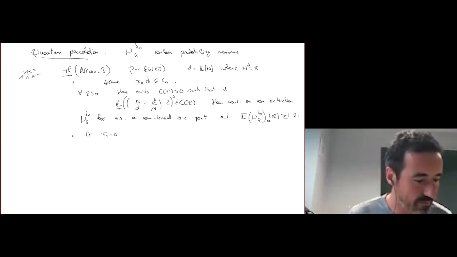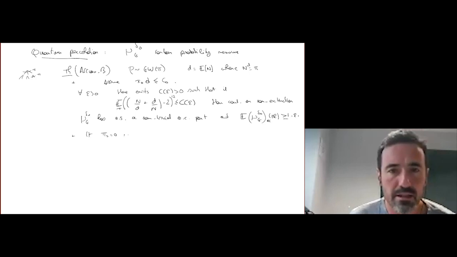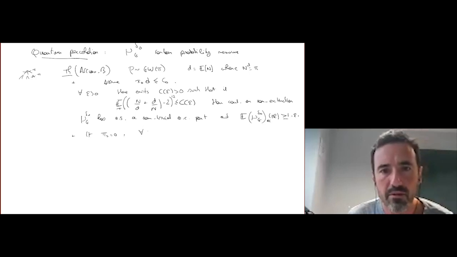But if there is no such finite pending tree, which means in this setting that pi 0 is 0, then you can apply this criterion for any E in (-2, 2).